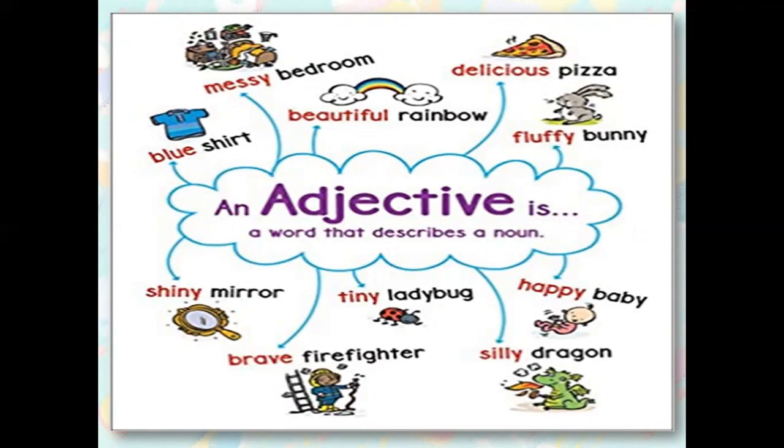Delicious pizza. Fluffy bunny. Shiny mirror. Brave firefighter. Tiny ladybug. Silly dragon. And happy baby. So students, here all the words in red are describing the nouns, and so they are adjectives.